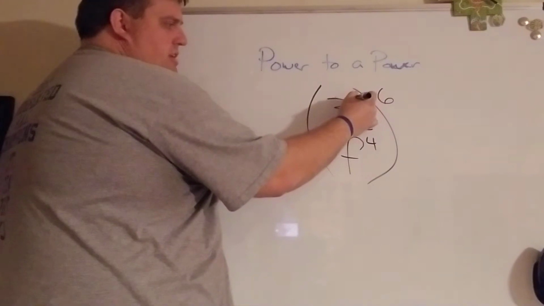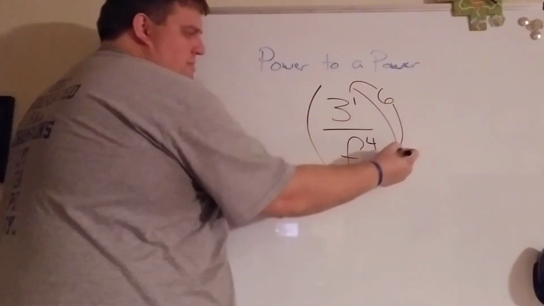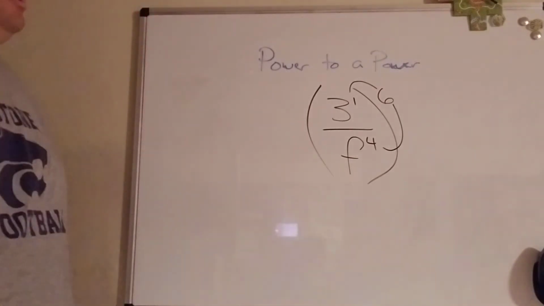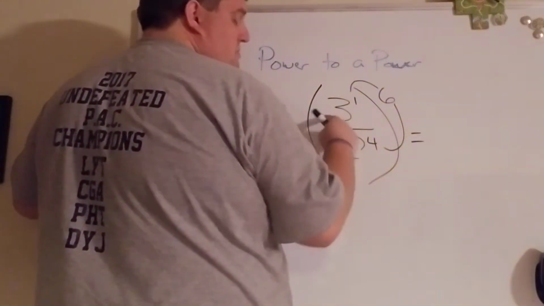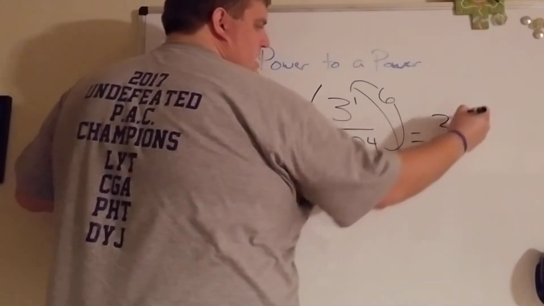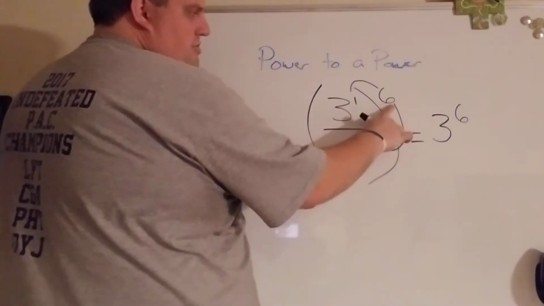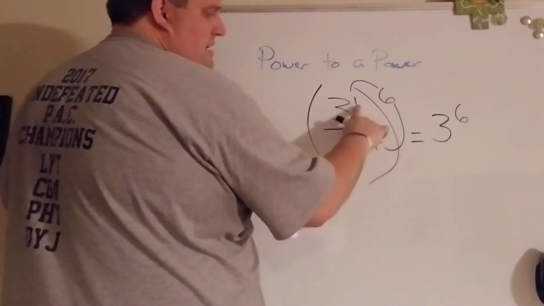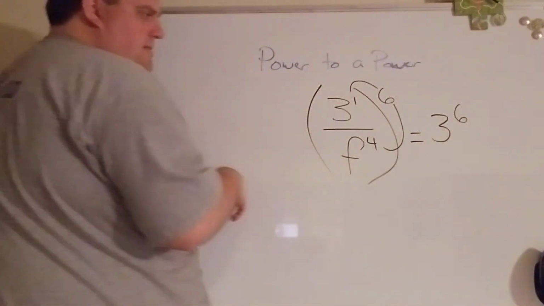So again, remember there's really a 1 here. So we're going to multiply 6 times 1, and we're going to multiply 6 times 4. A lot of times fractions give people tough times because they forget to do both. So that's going to be 3 to the 6th. And make sure, this is another common mistake, don't do 6 times 3 and get 18. It's only exponents multiplied by exponents.